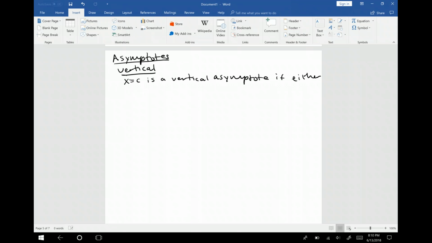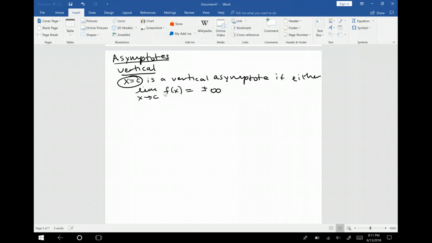If you have a limit as x approaches c, and this could be from the left or from the right of our function, or just c, and that's going to be equal to positive or negative infinity, that's going to be the vertical asymptote x is equal to c.